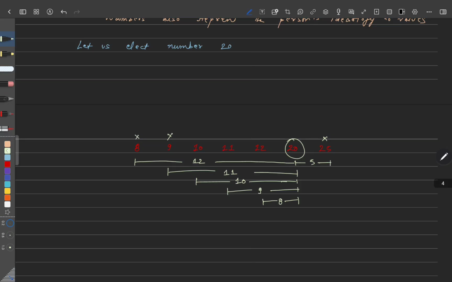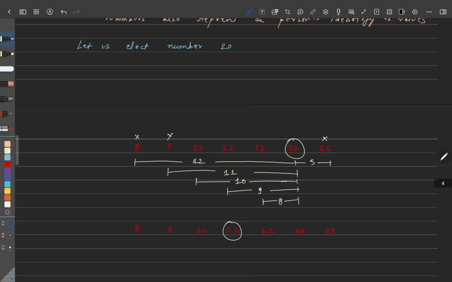So as I said, the median gives us the value 11. So let us try and check all this with 11. Okay, so by selecting 11, so 8, 9, 10, 11, 12, 20, 25. Now we select 11 as the median, and let's see the differences now.